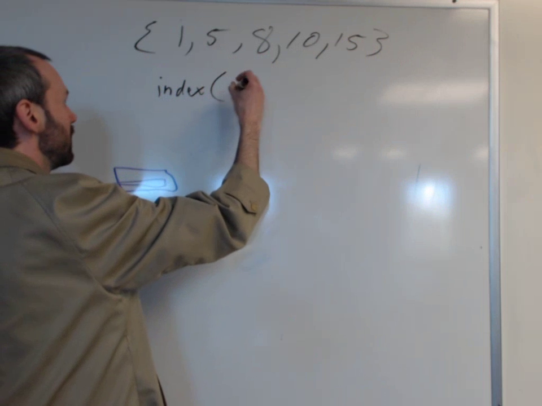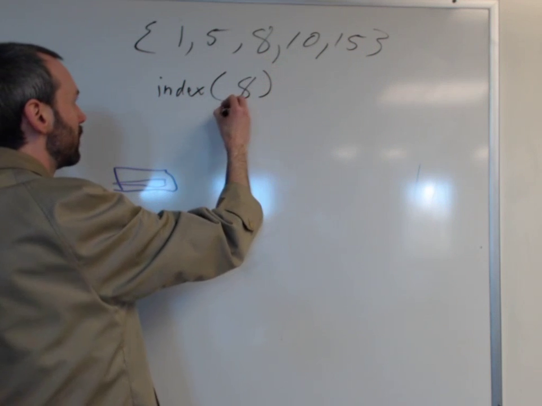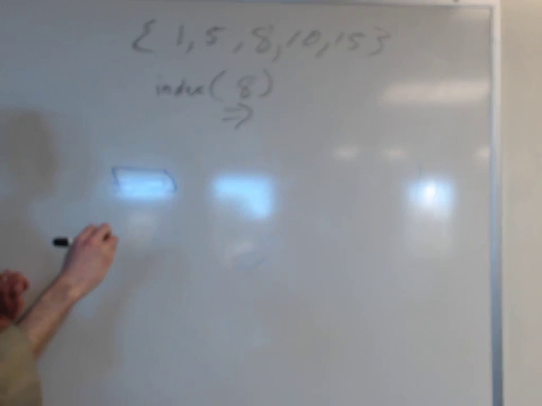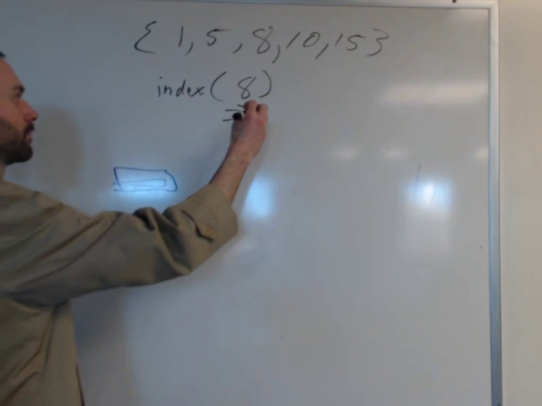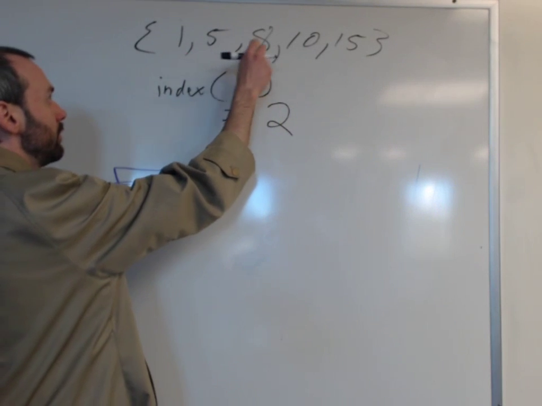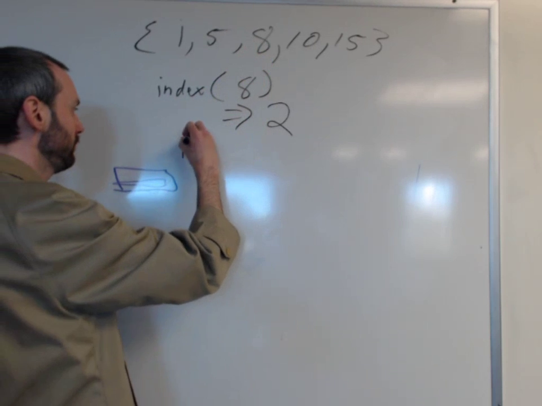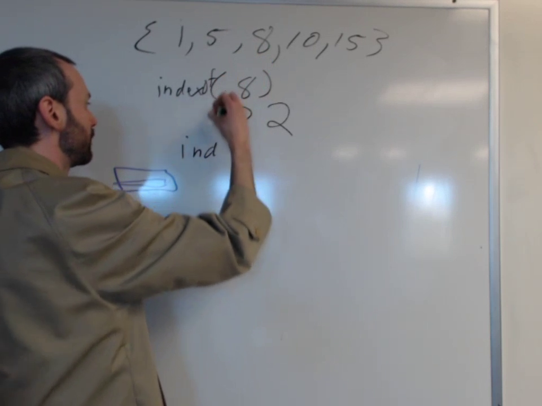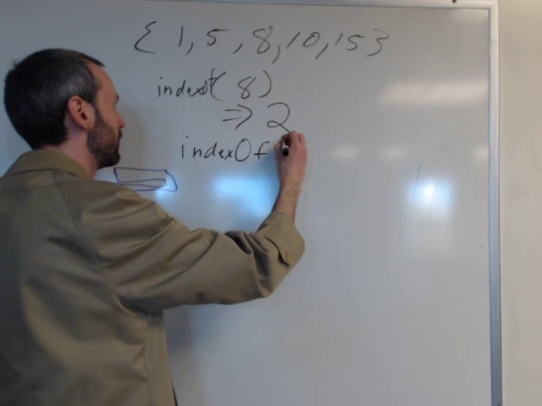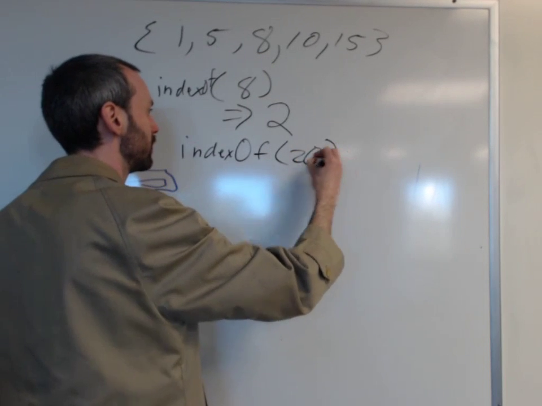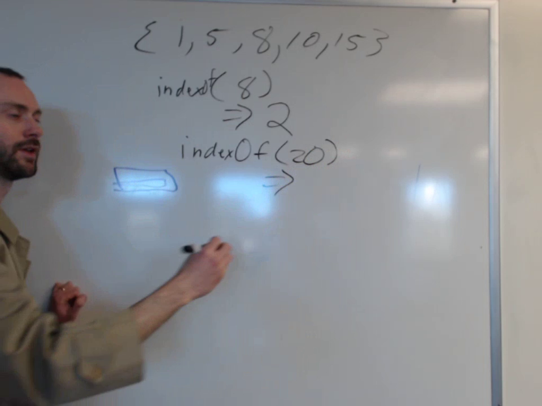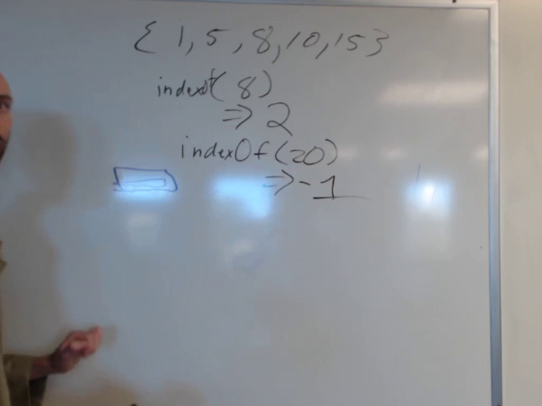So if you call index of 8, what would that return? 2. Because it's 0, 1, boom, there it is. Index of 20 would return -1. Because it's not in there. So if it's not in there, I just return -1. You got it. All right. Clear? Yeah.